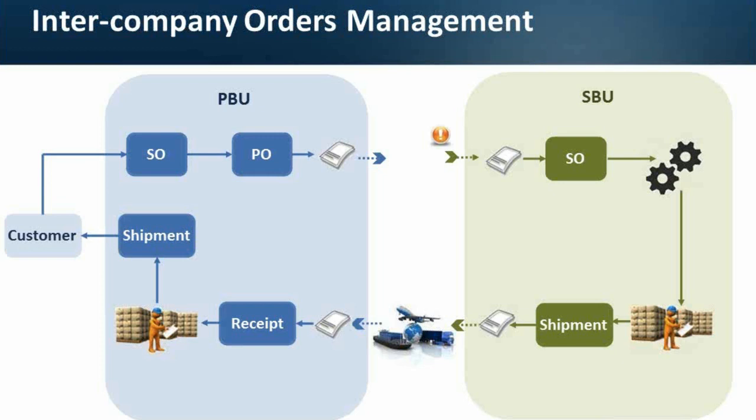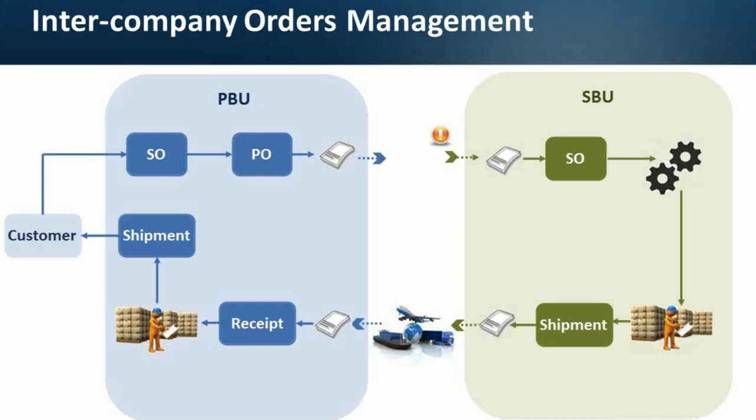If we look at the outline of the process, we will see three major issues. First is how we can ensure that the PO in the PBU database matches the sales order in the SBU database. Does it even make sense, while analyzing cost or efforts versus benefits, to go this route?